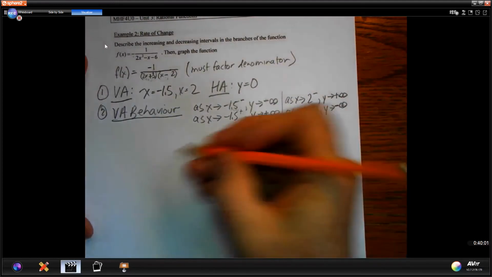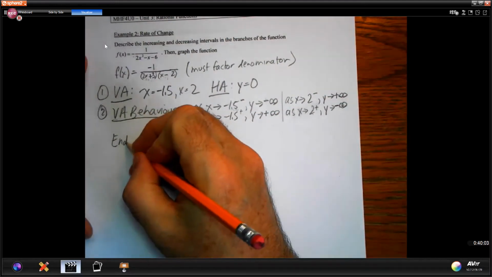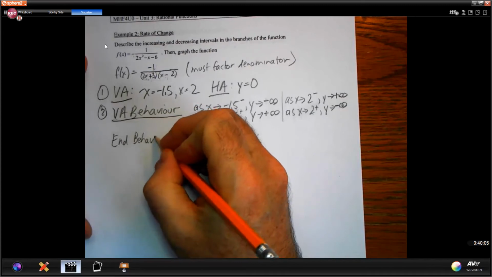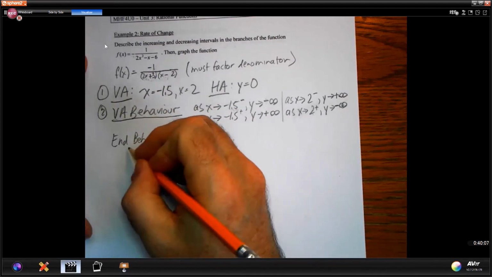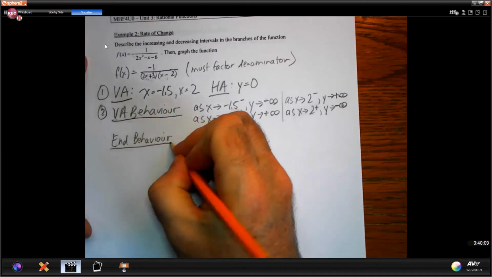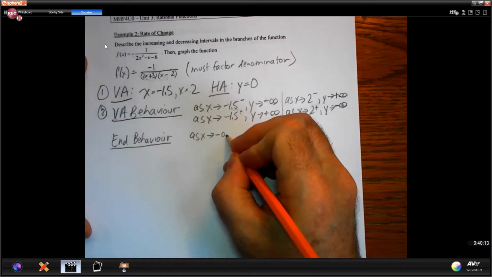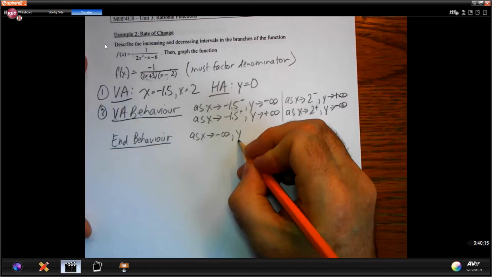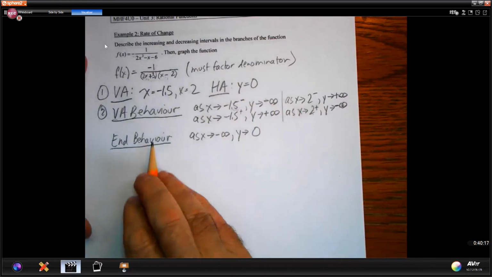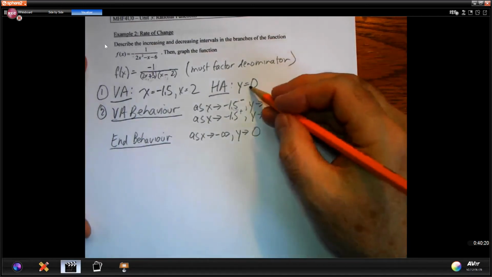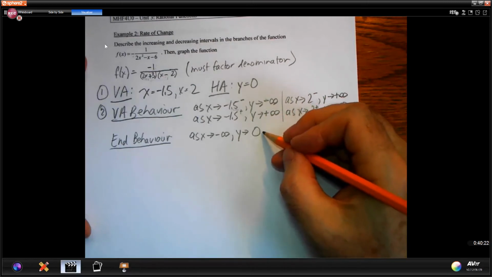Now we can do the end behavior. So this is where we're looking at as x approaches negative infinity, y will approach 0, which is the asymptote. We want to know, is it from above or from below?